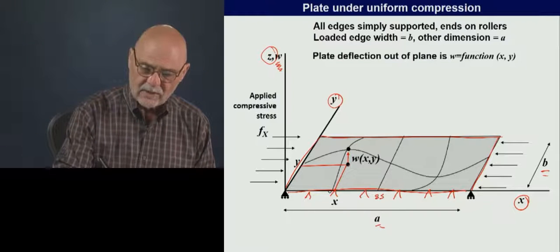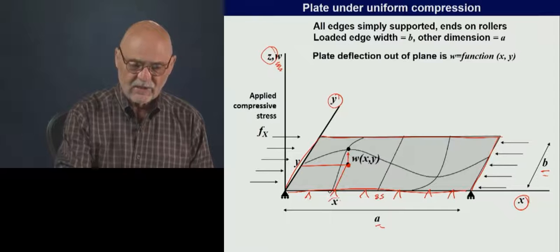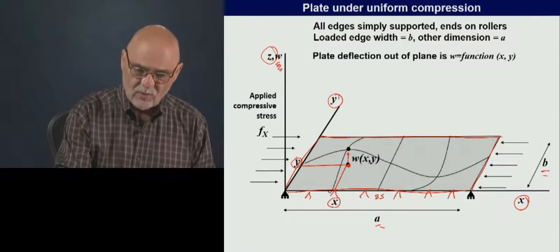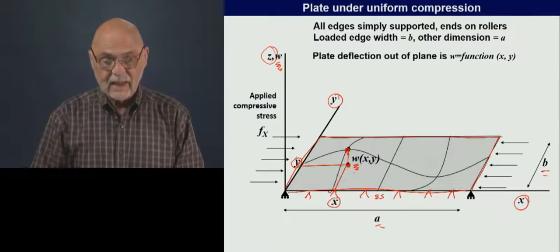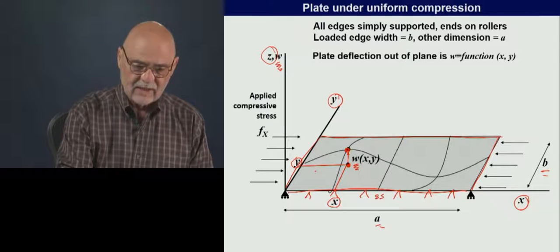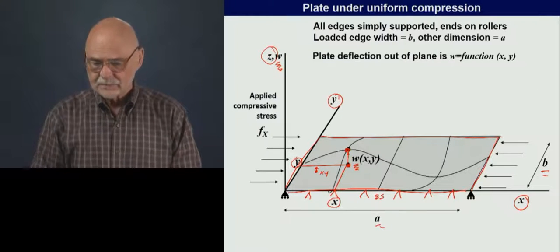So here's a point in the initially flat plate at coordinates x and y, and once the plate buckles, that point is going to move up an amount W, and that's a function of x, y. As we move around the plate to different areas, we change x and y, and that W, of course, will change.